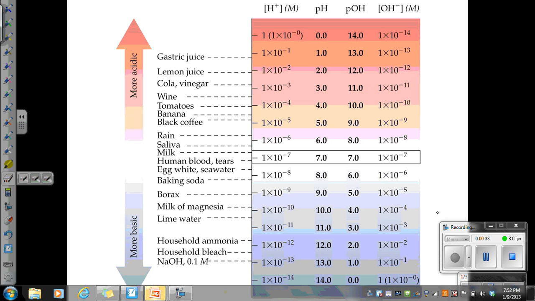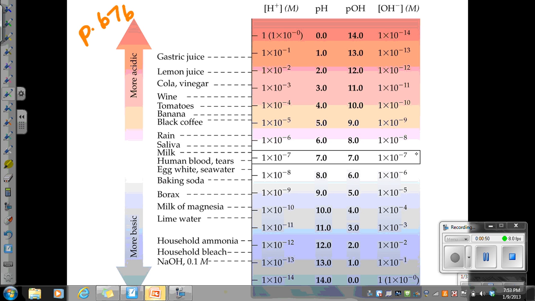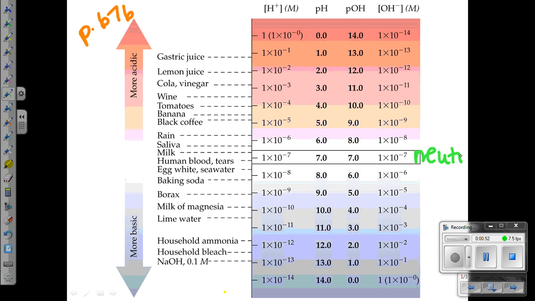You can find it on page 676 if you're interested in looking at it. But basically, things toward the top are more acidic, things toward the bottom are more basic. What's in the center is neutral. So we consider a pH of 7 as neutral.